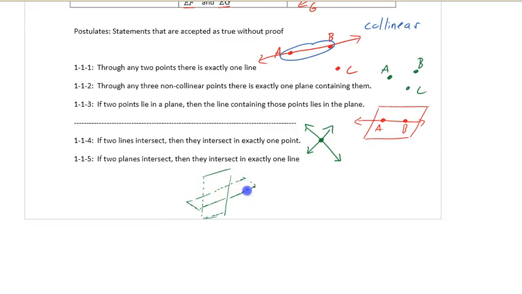Okay, so we have this plane. So try and imagine that that's 3-dimensional. Where they intersect, which would be really right along this line here, that's a line that they intersect at.